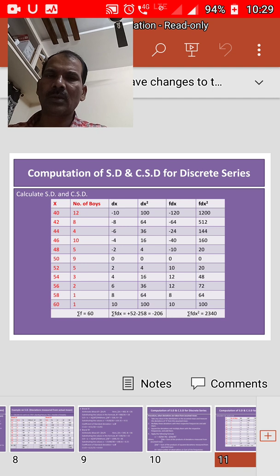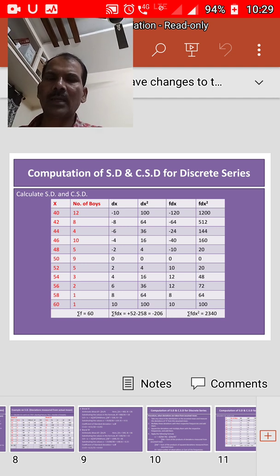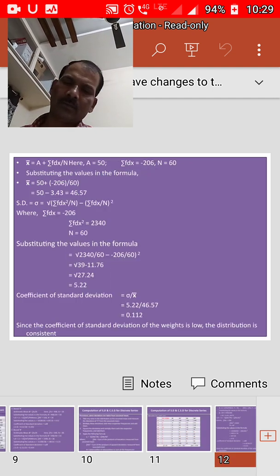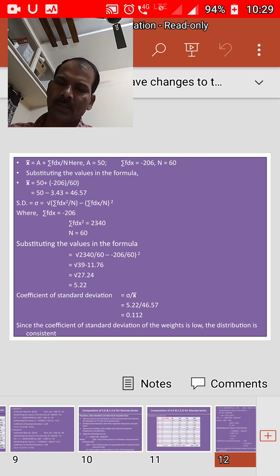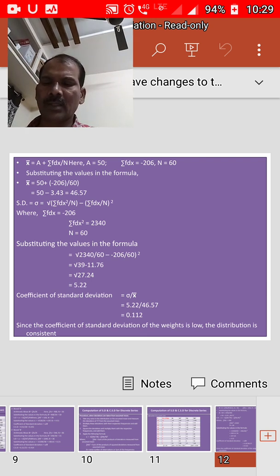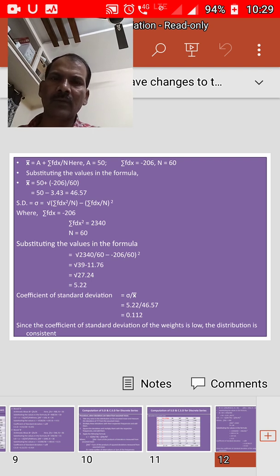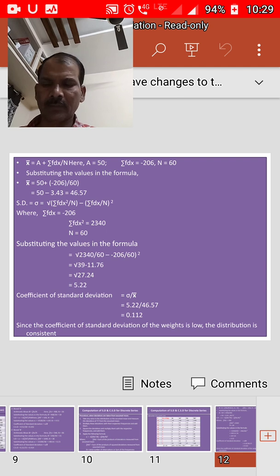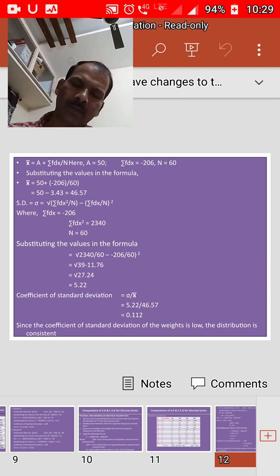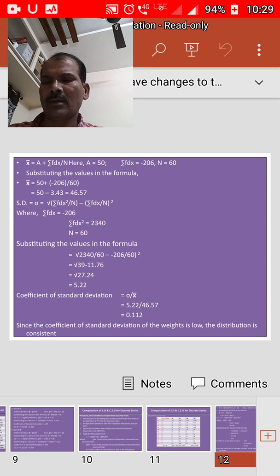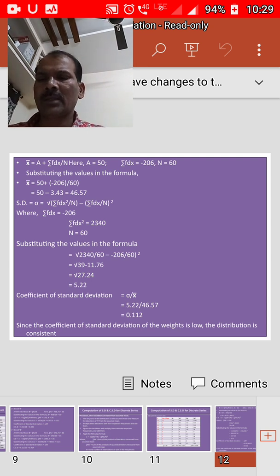If you substitute all these, x bar is 50 plus minus 206 by 60, which is 50 minus 3.43, equal to 46.57.